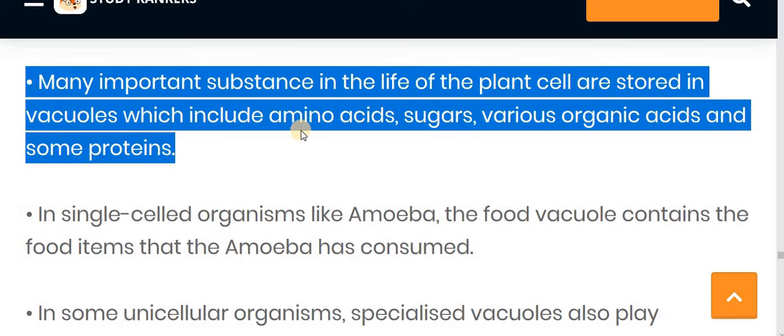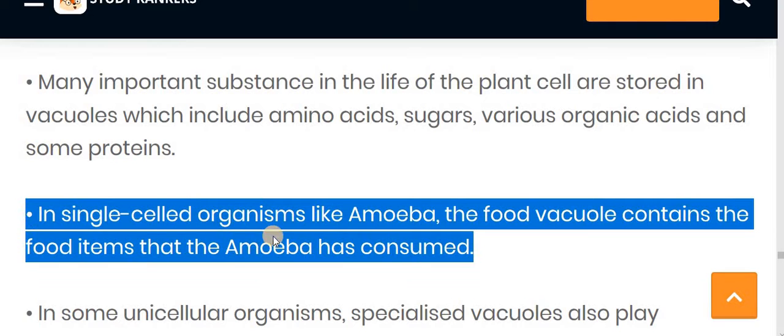That includes amino acids, sugars, various organic acids and some proteins, which are stored in the vacuoles.